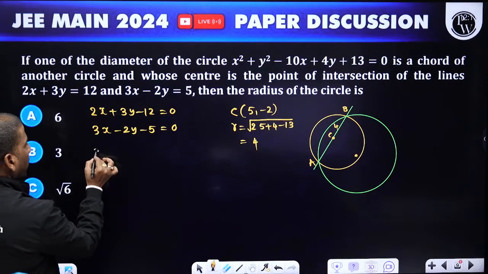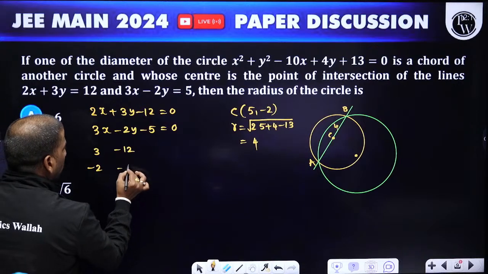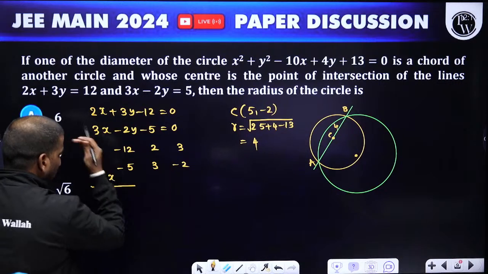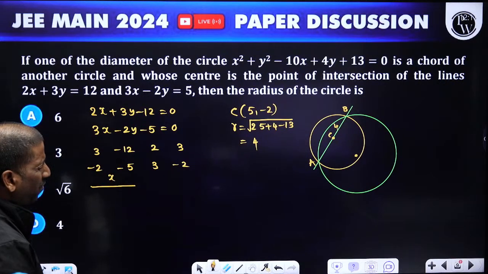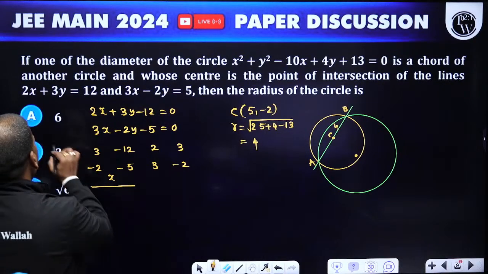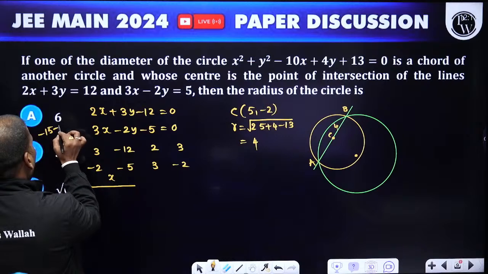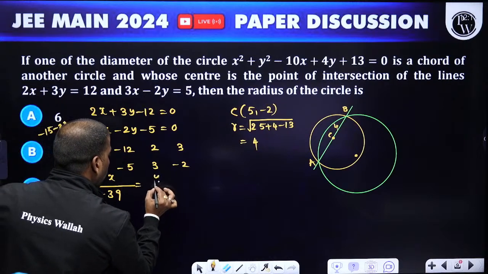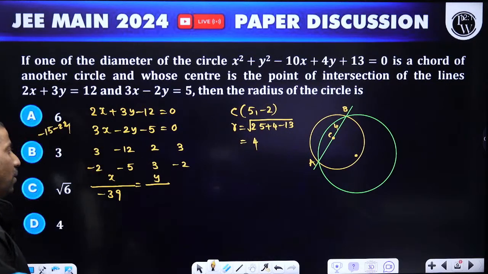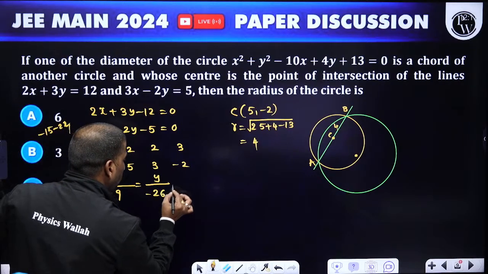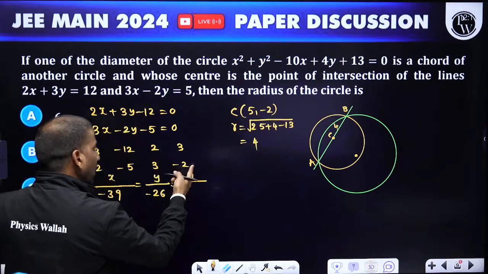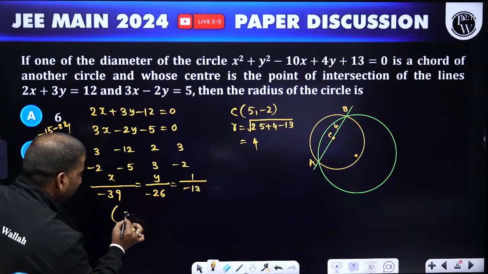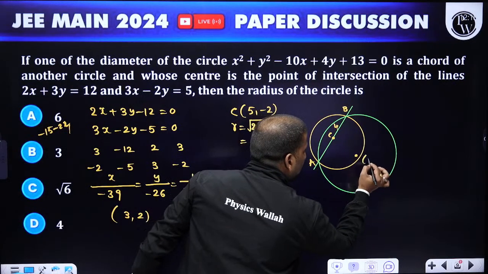Let us use the cross multiplication method. x by minus 24 minus 15, so minus 39, is equal to y by minus 36 plus 10, so minus 26, is equal to 1 by minus 4 minus 9, so minus 13. So the center is 39 by 13, that is 3, comma 2. So this center is 3 comma 2.